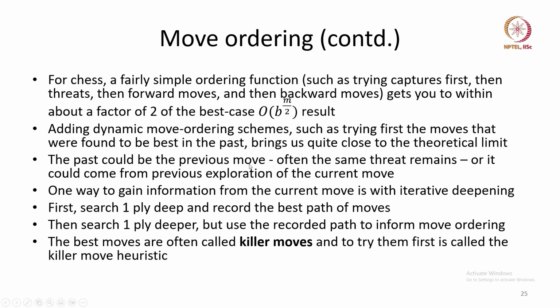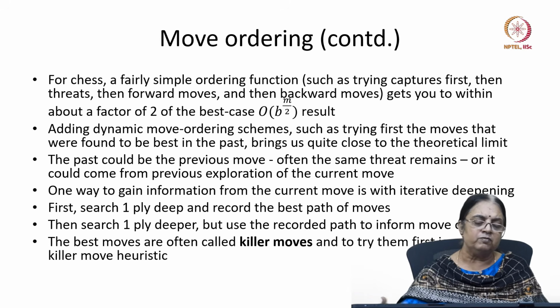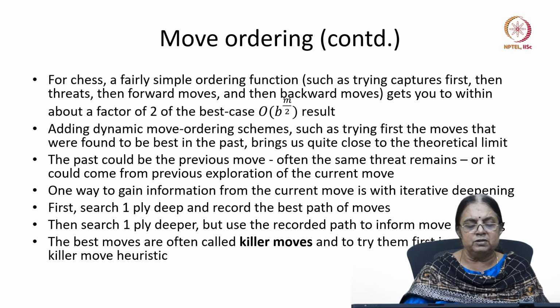Another way of gaining information is to use iterative deepening. First, you search one ply deep. When you search one ply, you record the best path or the best moves. And then you search one ply deeper, but you order the nodes according to what you have done earlier with just one ply.